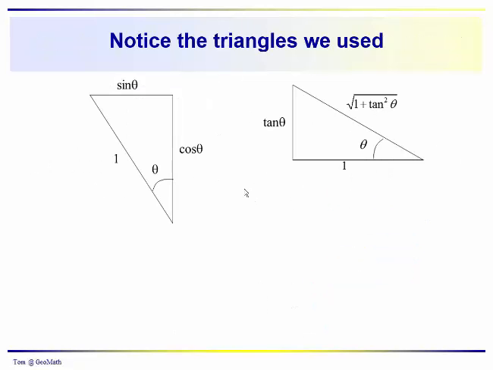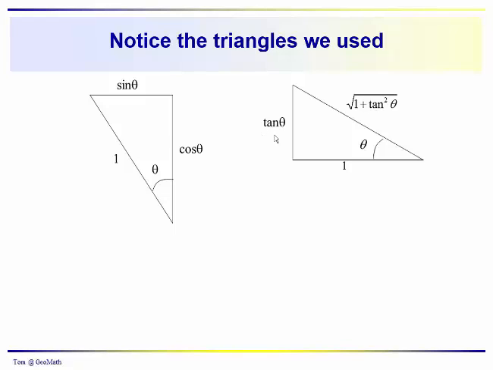Let's just take a minute and look at a couple triangles that we've already used. We define the sine of theta as the side opposite over the hypotenuse. Sine over 1 is sine. Cosine of theta, side adjacent over the hypotenuse, is just the cosine. So we get sine squared theta plus cosine squared theta is equal to 1, just using the Pythagorean relationship.